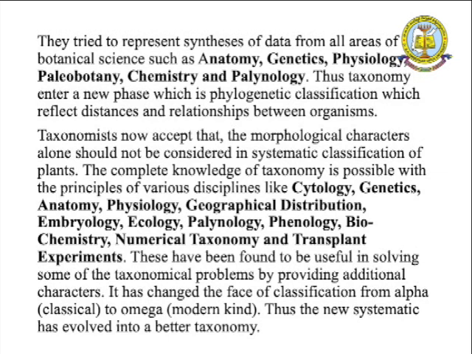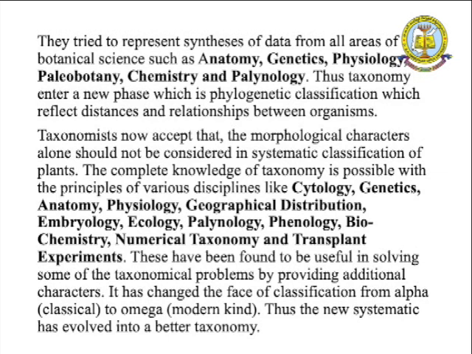You should have some knowledge of these subjects. Embryology, numerical taxonomy and transplant experiments are all used in plant taxonomy. At the same time, they help in solving taxonomical problems by providing additional characters.